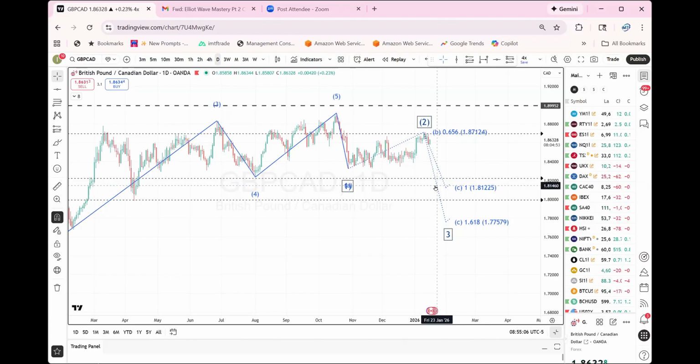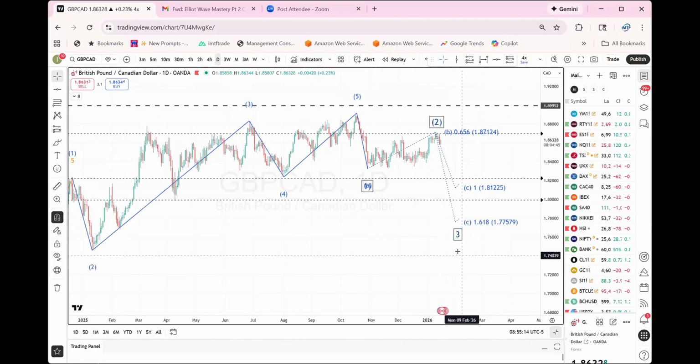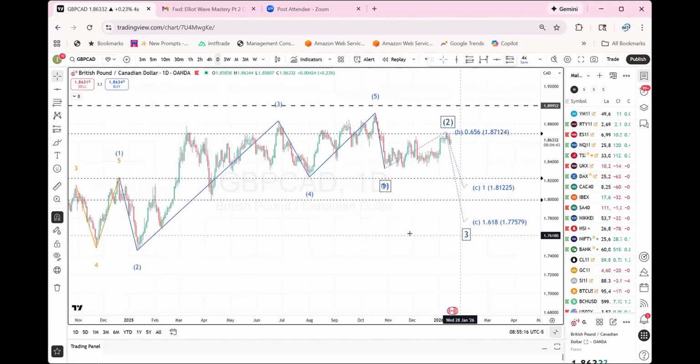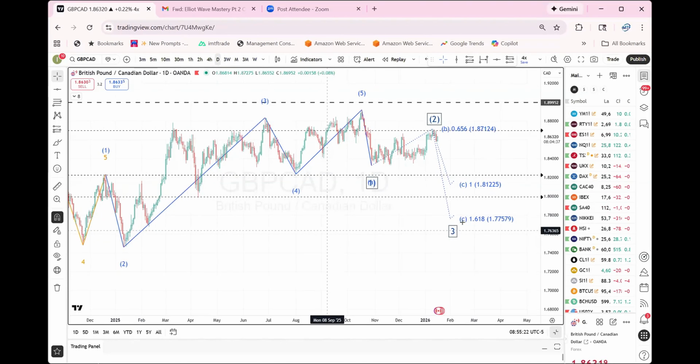Once you break it, now you know that this is a true institutional wave, and this could go down a lot more. In fact, that 3 wave, believe it or not, could come very close to this 2 wave here. And that's what you're looking for. In theory, you want that to be right here.